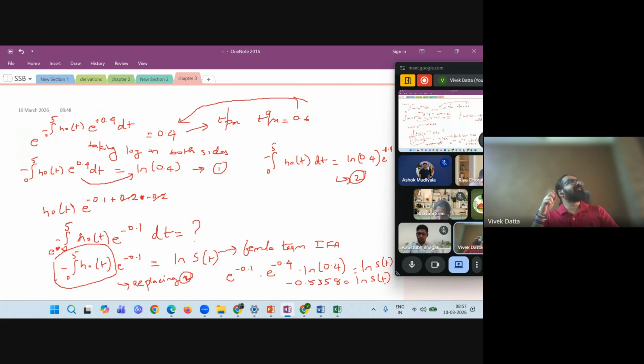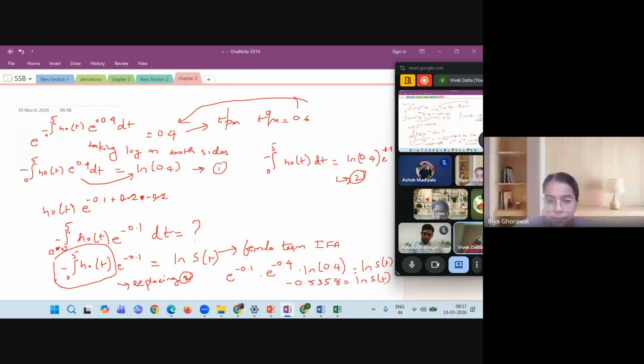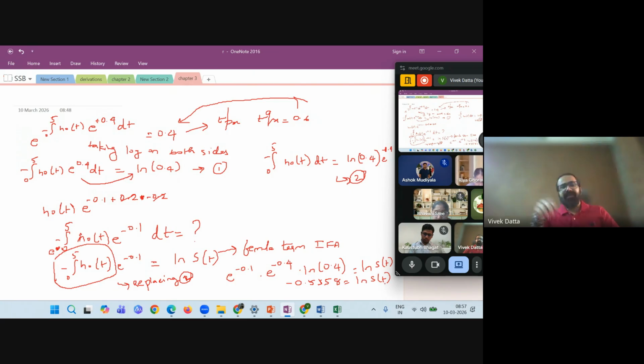Everyone's getting this? Yes, sir. Then if you take the exponential on both sides to negate the ln, you get the value of St: e raised to minus 0.5558.